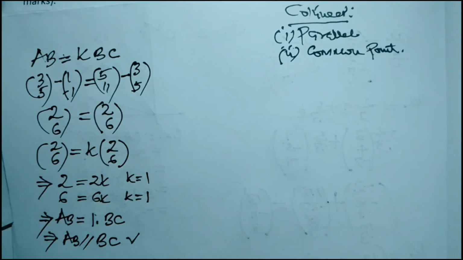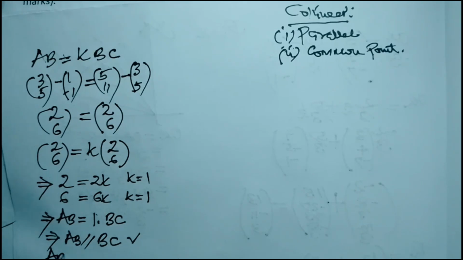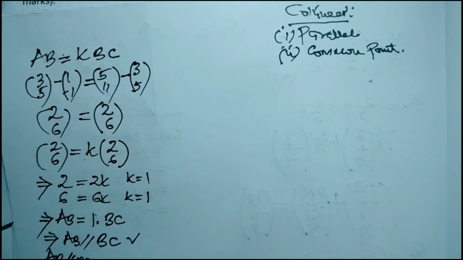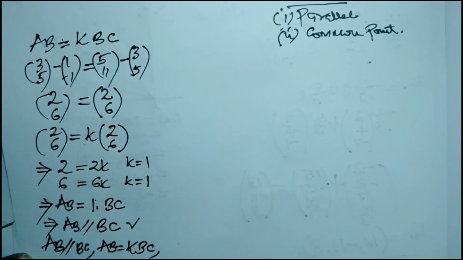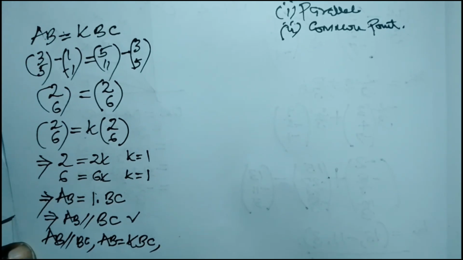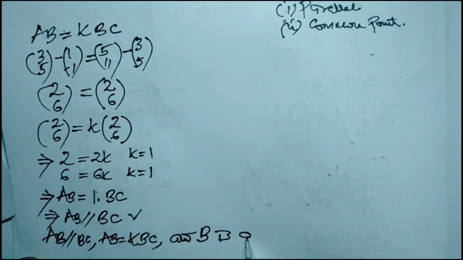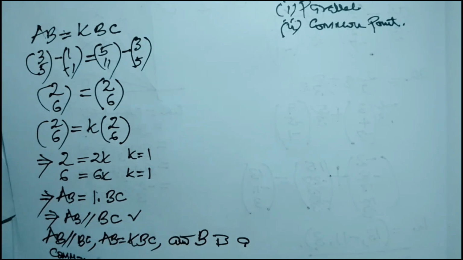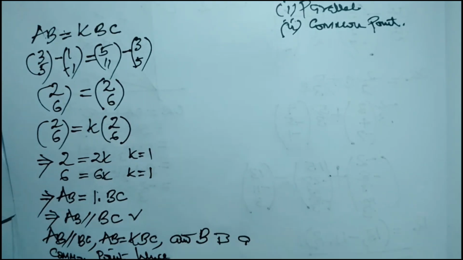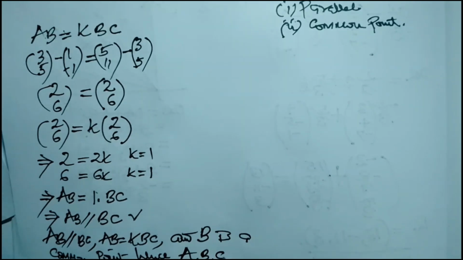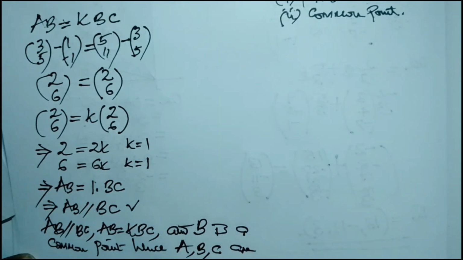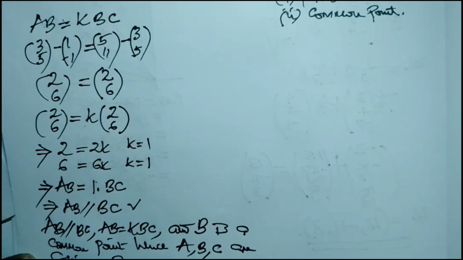AB is parallel to BC, and AB is equal to a scalar K multiplied by BC, and B is a common point, hence A, B, C are collinear points.